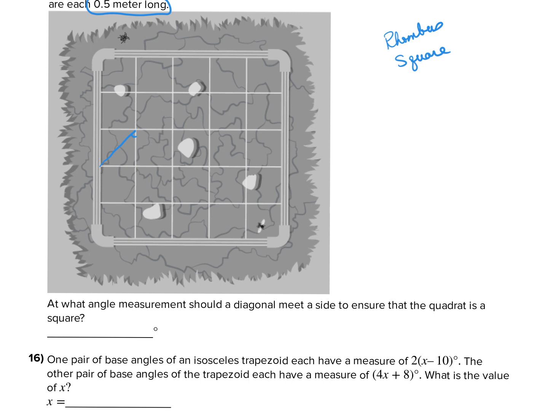Okay, so to ensure it's a square and not a rhombus, what makes, in terms of angle measures, a square and not a rhombus is the fact that the angles are 90 degrees. So the diagonal would have to actually bisect that 90-degree angle into 45 degrees.